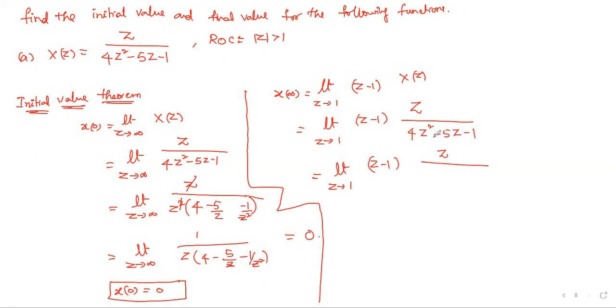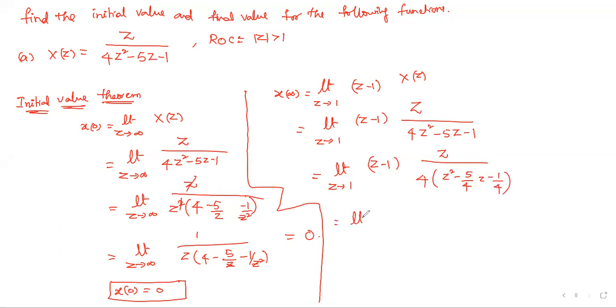If I take 4 as common, z square minus 5 by 4 into z minus 1 by 4.